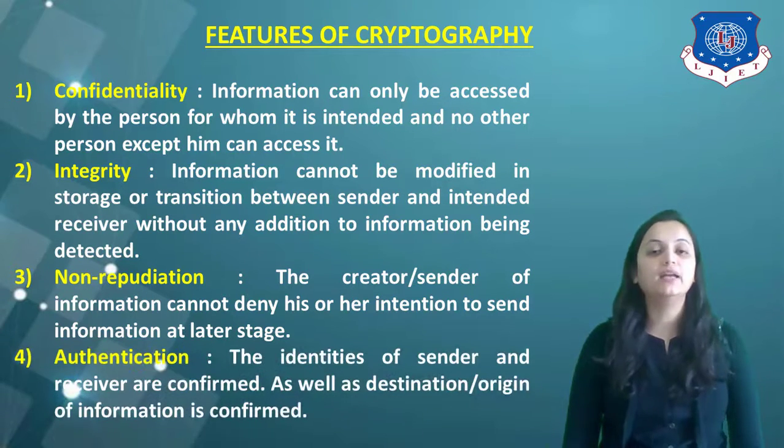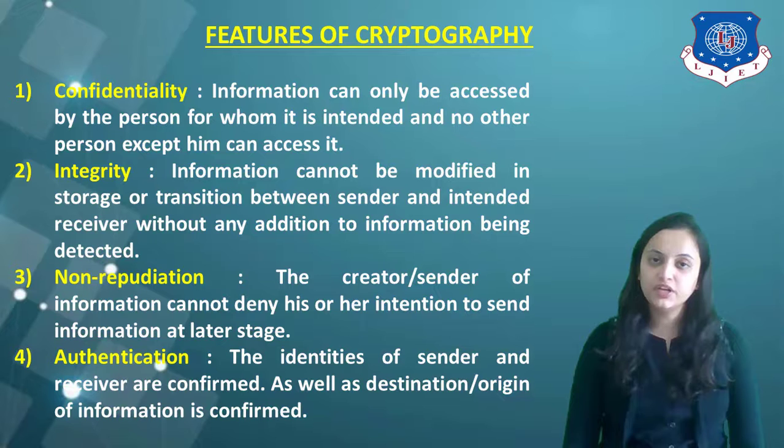The next feature is authentication. Here the identities of sender and receiver are confirmed, as well as the destination or origin of the information. That means authentication at two ways, or authentication at the sender and receiver side, is also possible to ensure secure communication. So these are the features of cryptography.